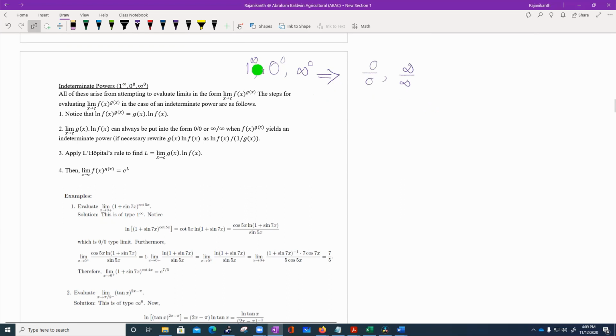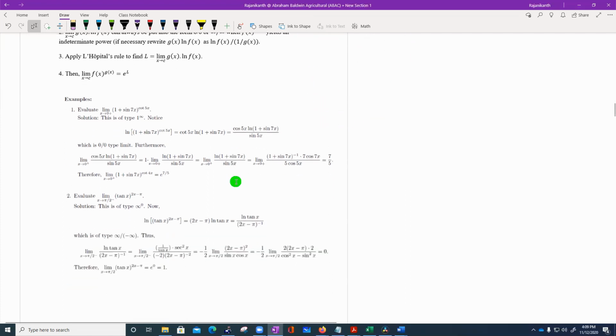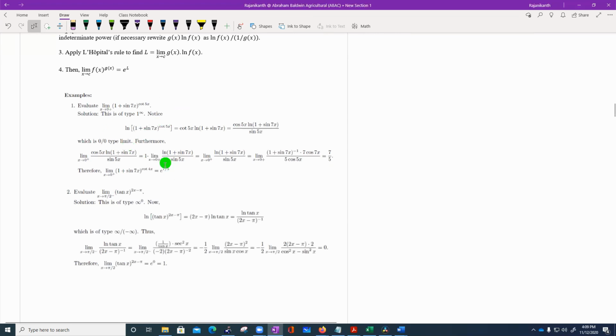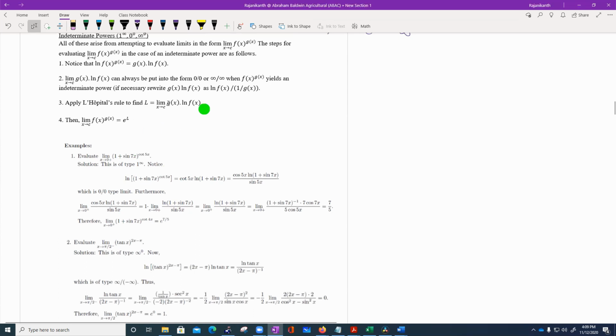Do some math to change these kinds of forms to 0/0 or infinity/infinity form. Once you have these forms, you could apply the L'Hopital rules you learned in the previous section. Okay. So I have explained a lot of problems here, okay? How to use the power rules.